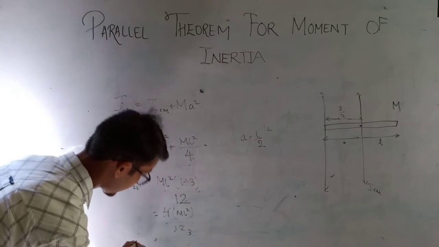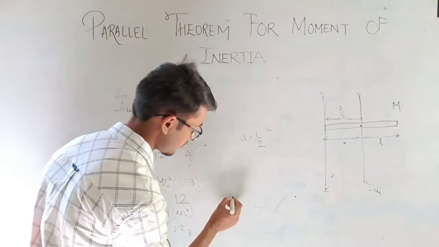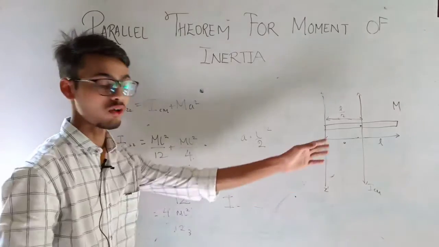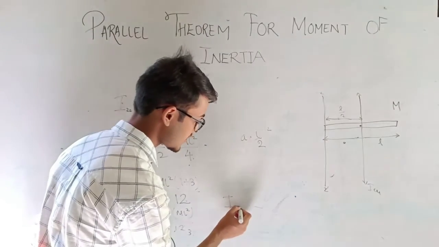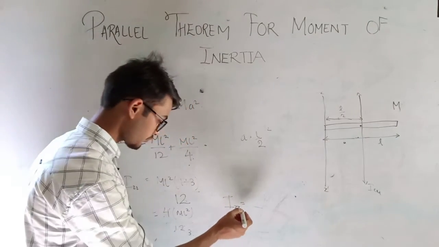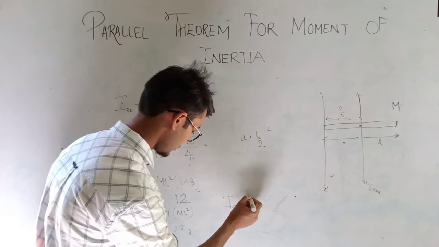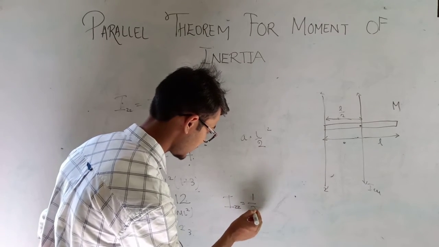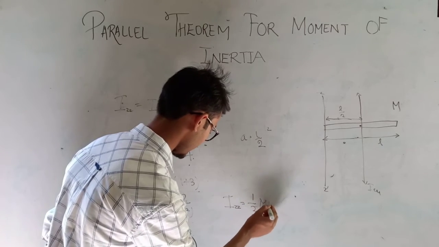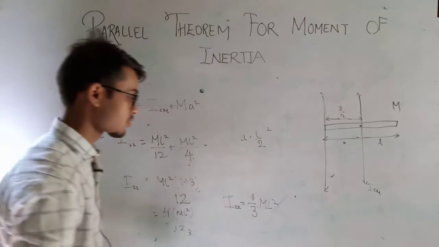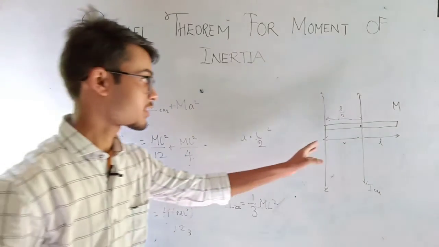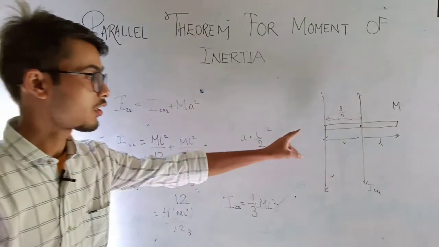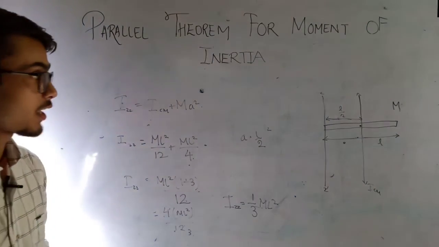So the total moment of inertia of this rod becomes IZZ equals 1 by 3 m L square. So the moment of inertia of this rod is 1/3 of m L square.